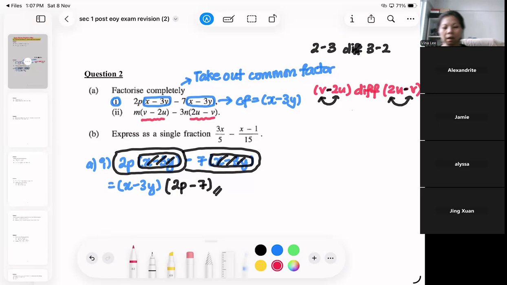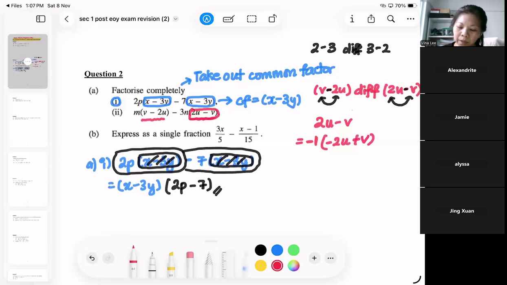Here I am going to talk about this part. I am going to factorize out a -1. Then I will get a -2u, then I will get a plus v.